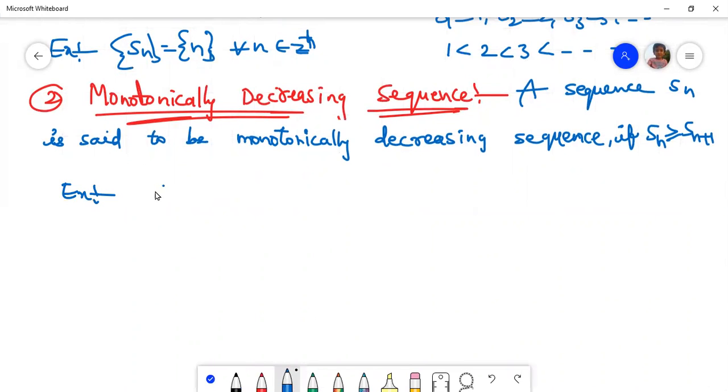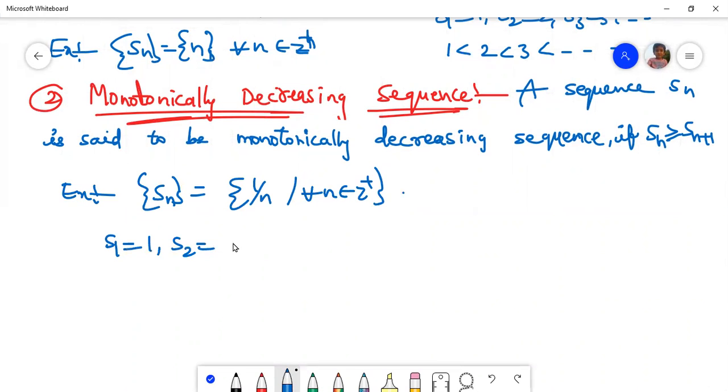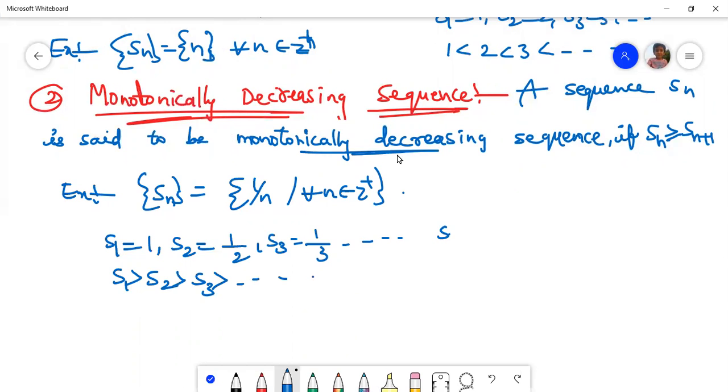Example, sequence Sn equal to 1 by n for all n belongs to Z plus. Here S1 equal to 1, S2 equal to 1 by 2, S3 equal to 1 by 3, and so on. In this, we get the relation S1 is greater than S2 is greater than S3, and so on. So it is called a monotonically decreasing sequence.